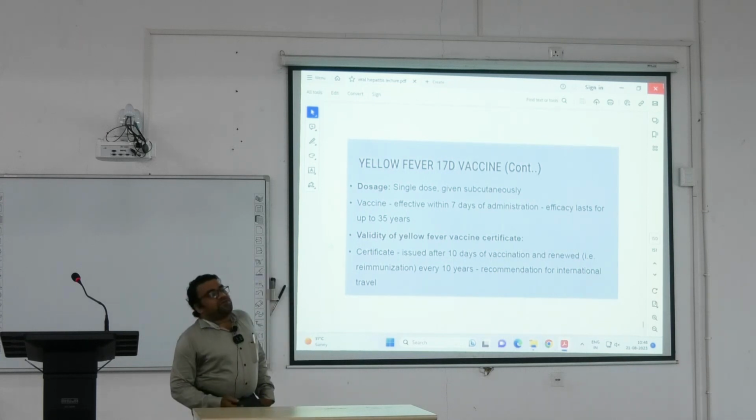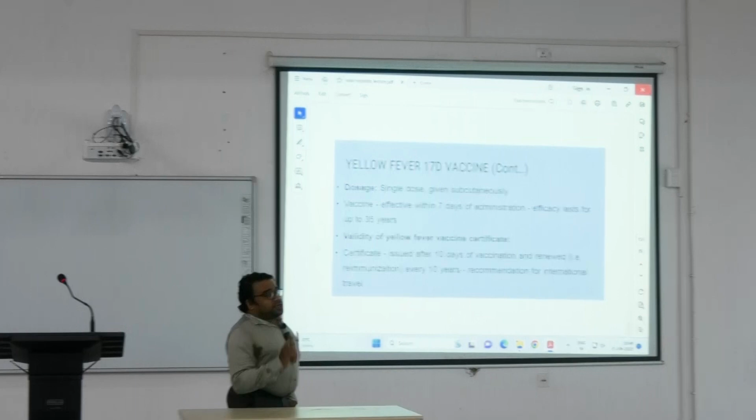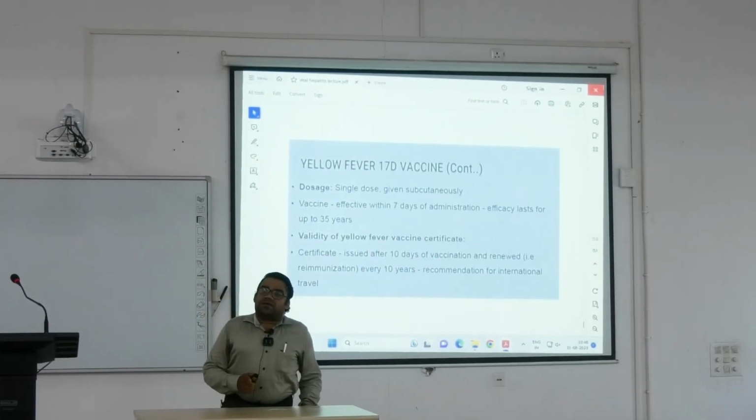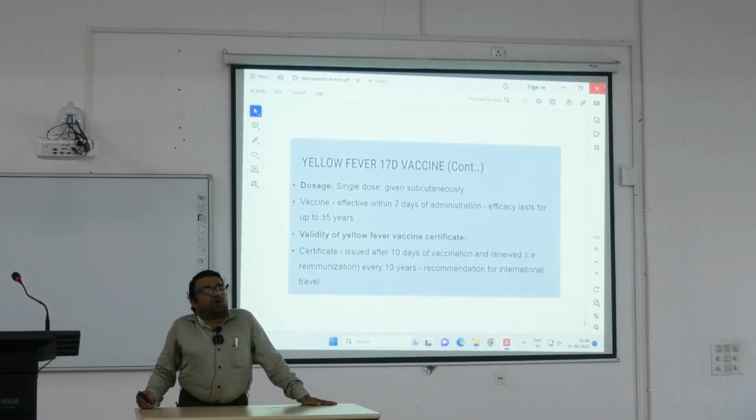However, for the purpose of the vaccination certificate, the certificate is provided 10 days after vaccination and is valid for 10 years. Any person from India who is traveling to any country endemic for yellow fever has to be vaccinated. And because of the teratogenic potential of the virus, vaccination of pregnant women should be avoided as much as possible.